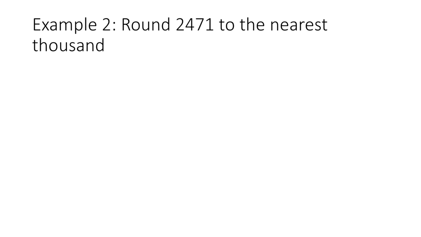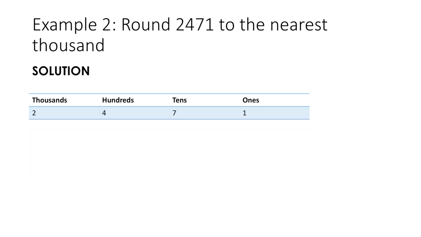So first, let's make our place value chart again for this example. By making the place value chart, it's just simpler because you're able to lay down each digit in the place it's in, and then you're able to figure out which one is our place digit and which one we're focusing on. Okay. So the 2 is the thousands, the hundreds is the 4, the tens is the 7, and the ones is the number 1 from our number 2,471.